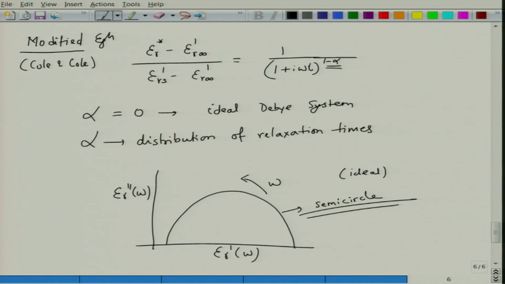You obtain suppressed or raised semicircles, which means you have some values of alpha, which means the material does not have a single relaxation time or single dipole, rather it has multiple defects which respond differently to different frequencies, as a result causing a variation in alpha.